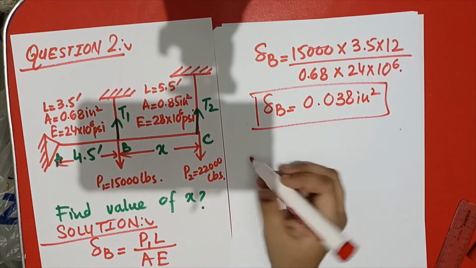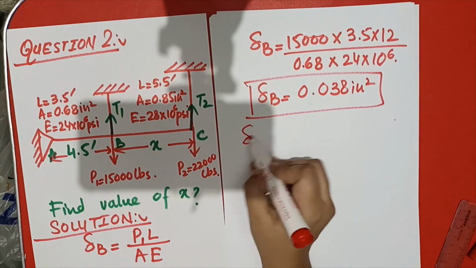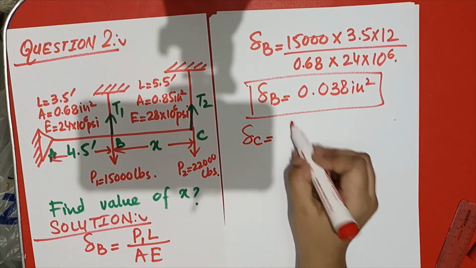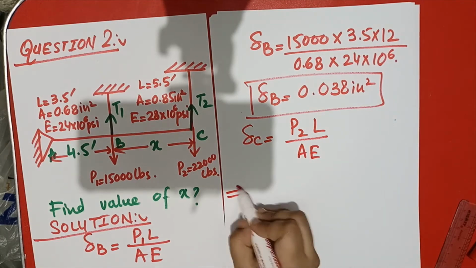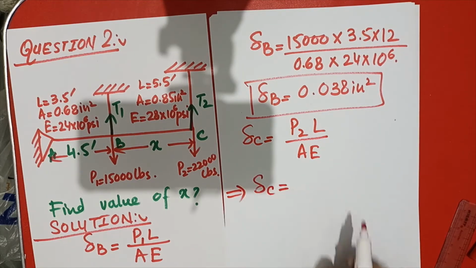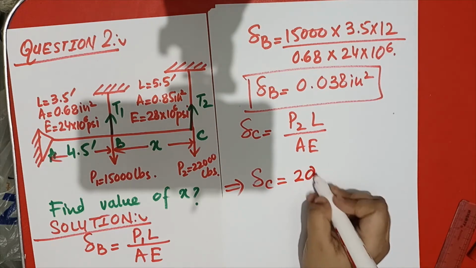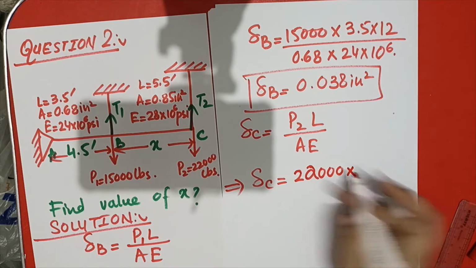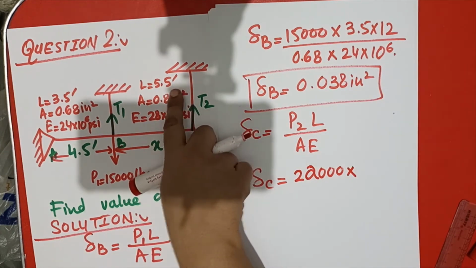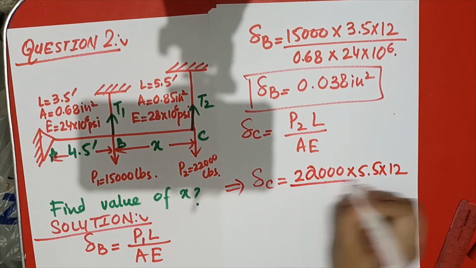Then in the next step, Delta C. Delta C is equal to P2L over AE. How can you find the Delta C value? The value of P2 was given in the question, that is 22,000, into L. Length is given as 5.5 feet, so you will put 5.5 into 12.